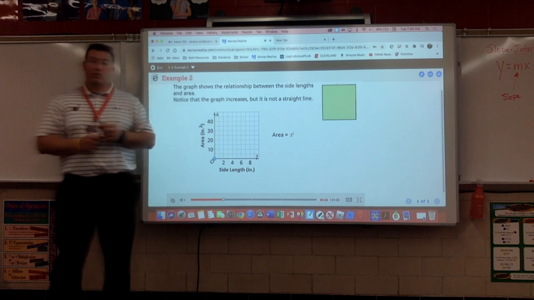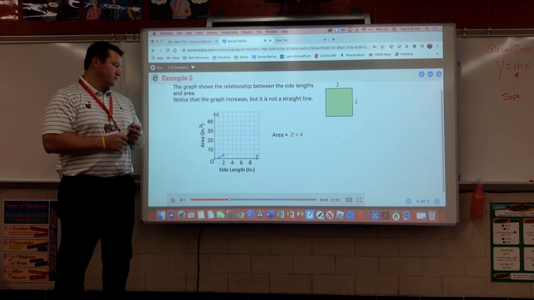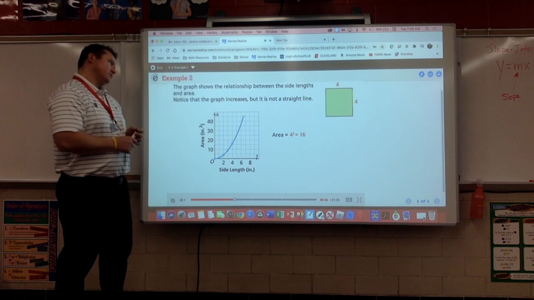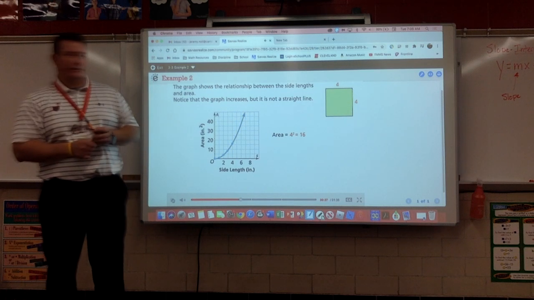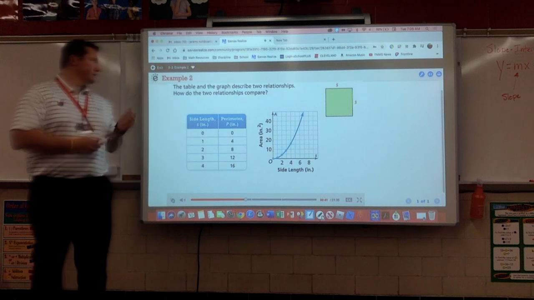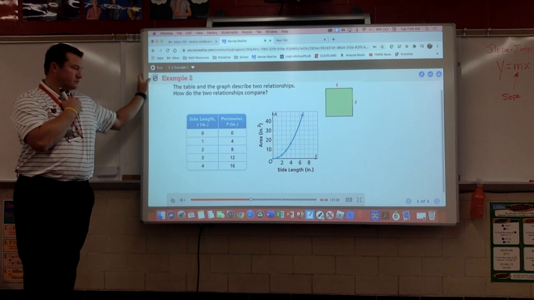Ooh, notice that the graph increases. Doesn't look like a straight line to me. But it is not a straight line. Wonder what we call not straight lines. The table and the graph describe two relationships. How do the two relationships compare?